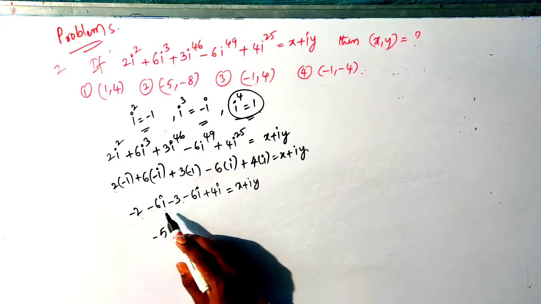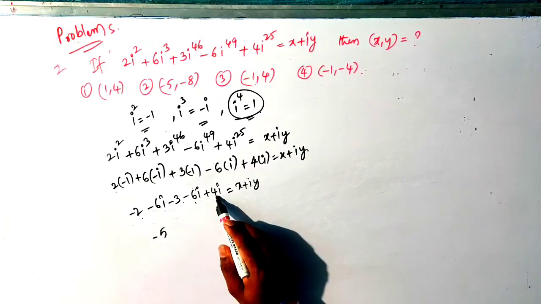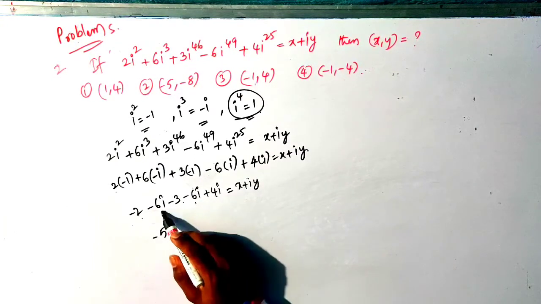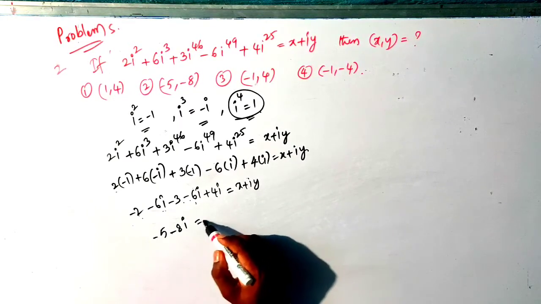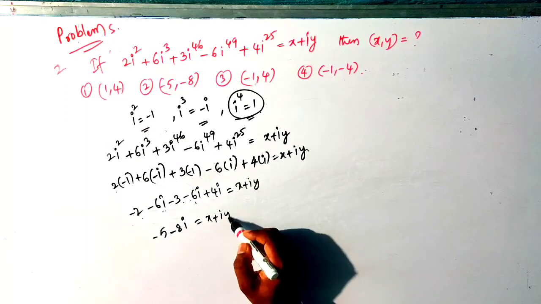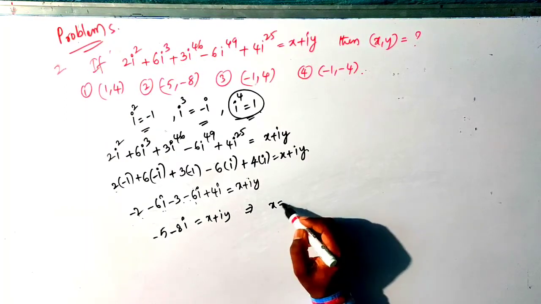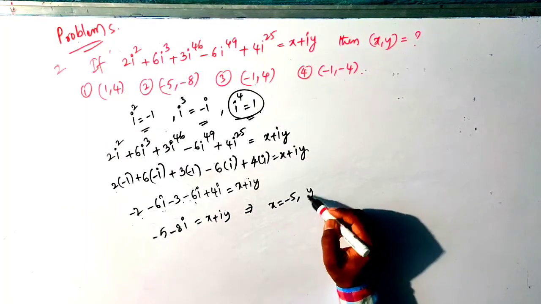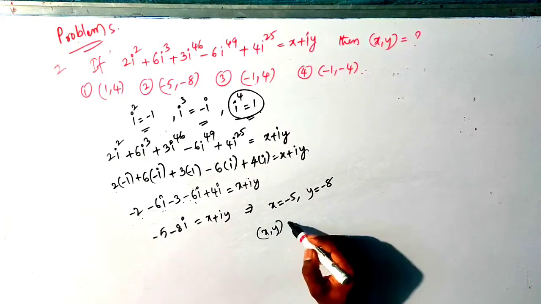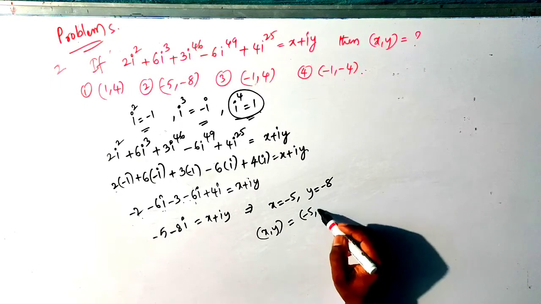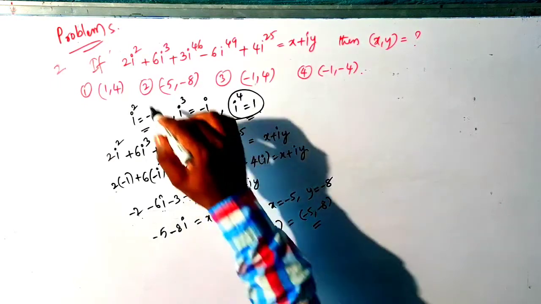Then minus 6i minus 6i is minus 12i, plus 4i is minus 8i. That equals x plus iy. That implies x, the real part, is minus 5 and the imaginary part y equals minus 8. So x comma y value is minus 5 comma minus 8. So this is option number 2.